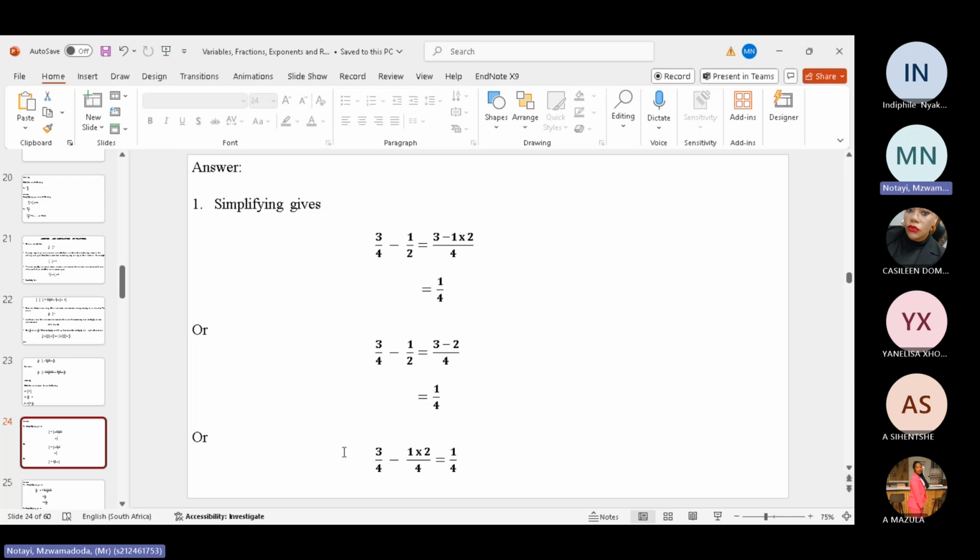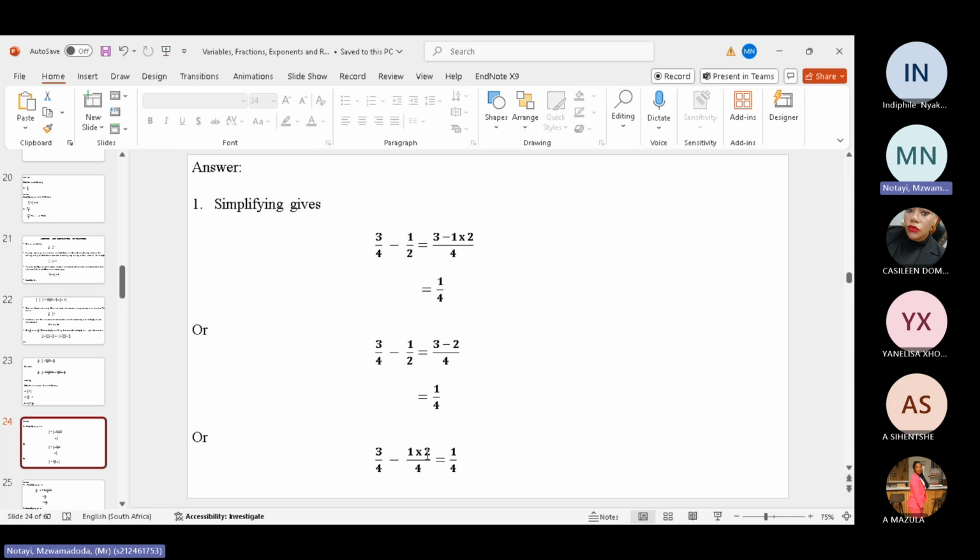Okay, I want you to look at the third option, which is the simplest. We have 3 over 4 minus 1 times 2 over 4. So we just make the denominators the same. So we have 1 over 2.